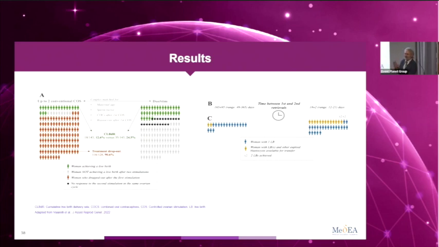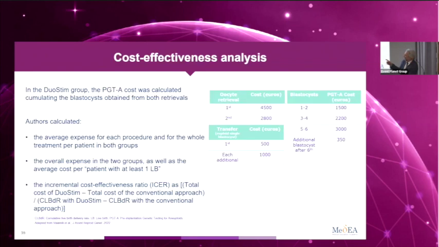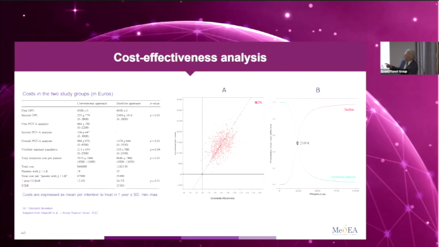So it doesn't make miracles. Anyway, the live birth rate is low, but moving from 12 to 24% in this category of patients is very important. And if you perform a cost analysis, you can see something that is very important.